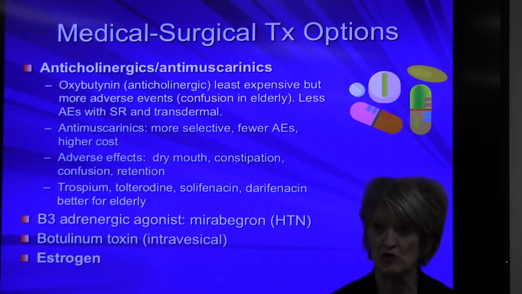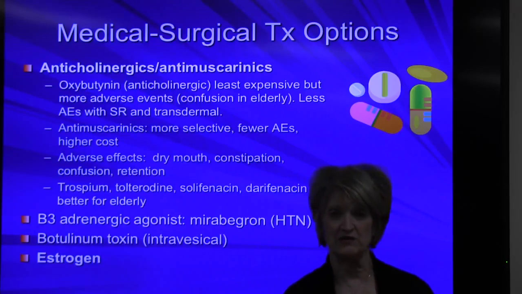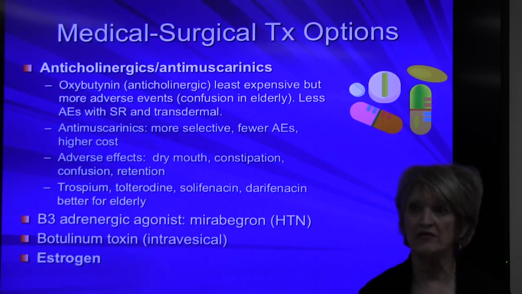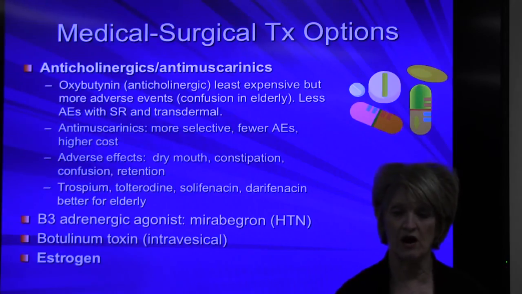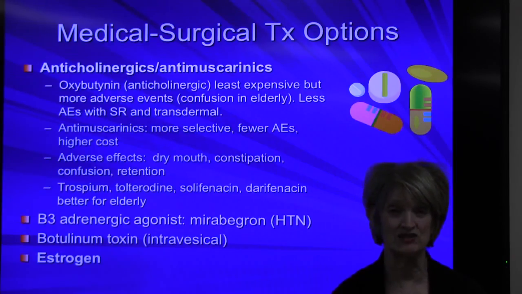Of course, they're much more expensive as well because they're newer. So they're more selective, you have fewer adverse events, you have higher costs. The types of adverse events are pretty much the same, but there are a number of your antimuscarinics that do not cross the blood-brain barrier or cross it very poorly.